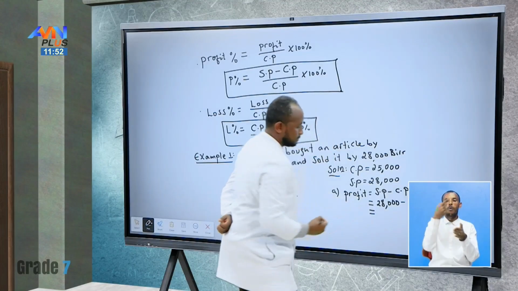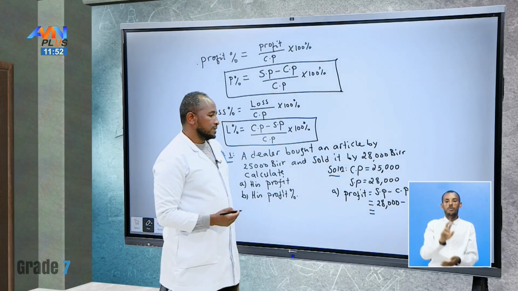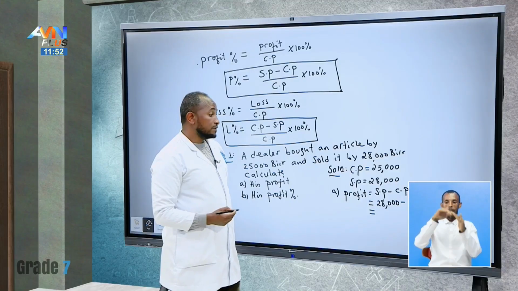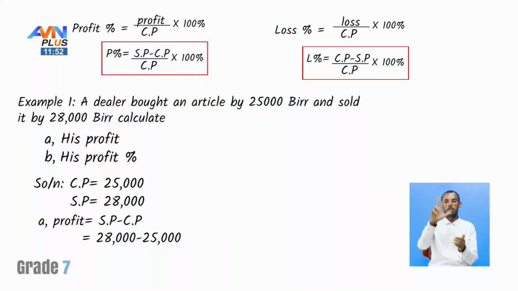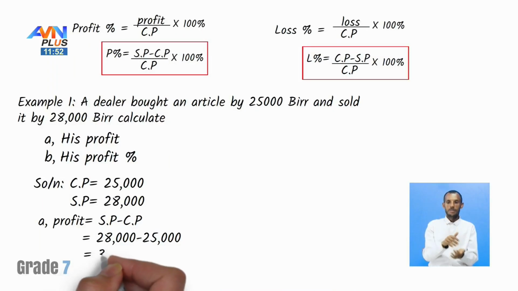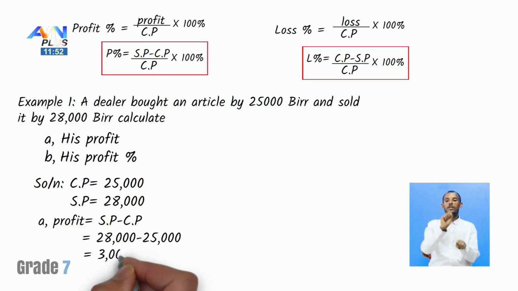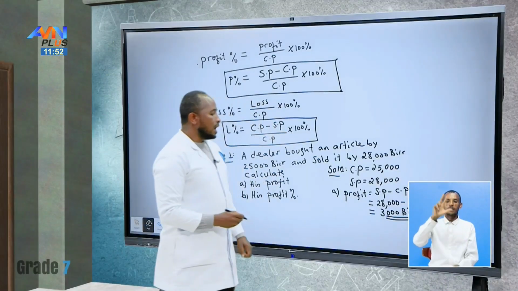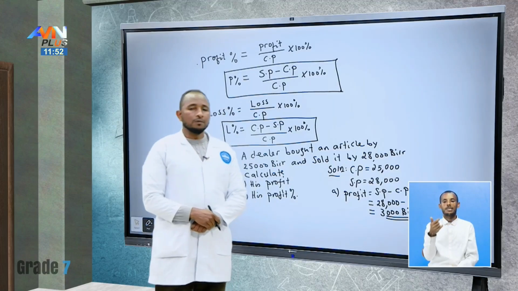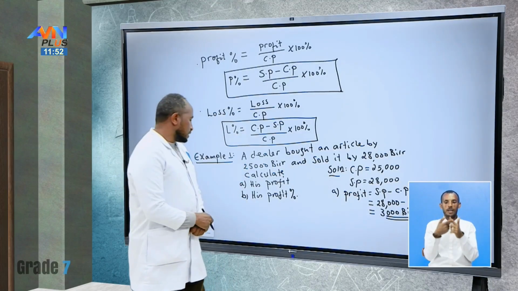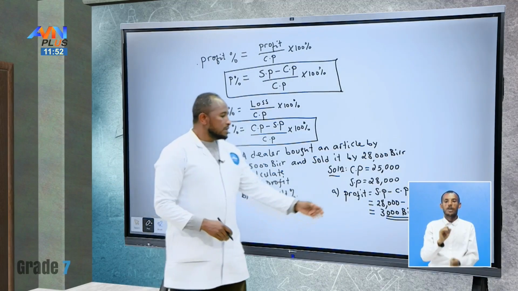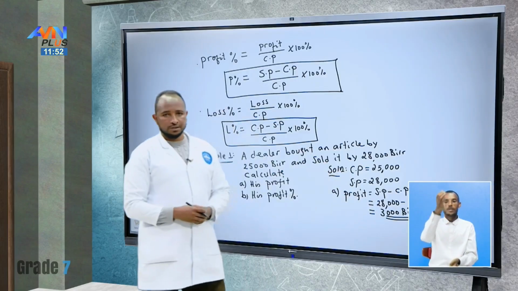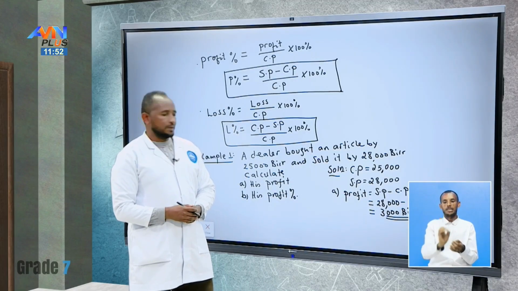What is the difference of these two? Simply 28 minus 25 is 3. Therefore, the profit is 3,000.